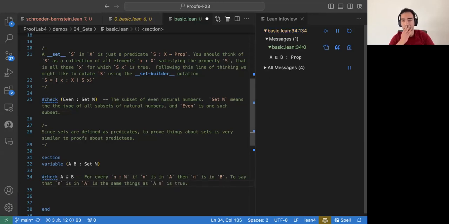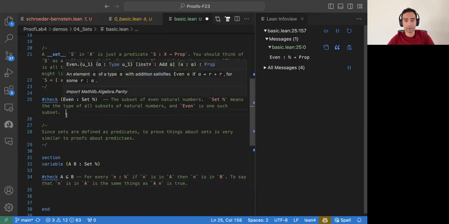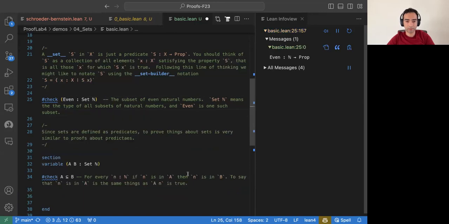So for example, if n is in the subset even, so this is the subset of all even natural numbers, then even n is true as the predicate. So this might be the most delicate part, to identify subsets and predicates.